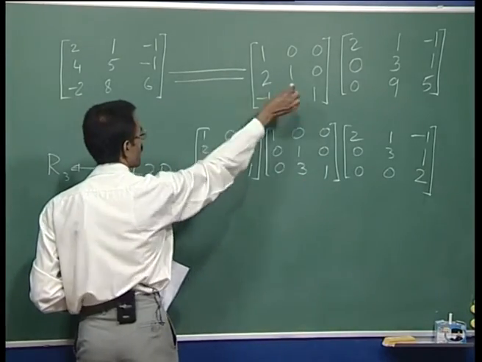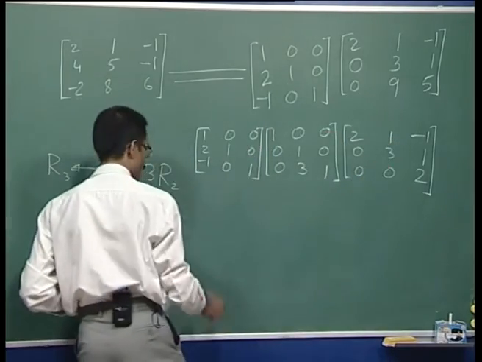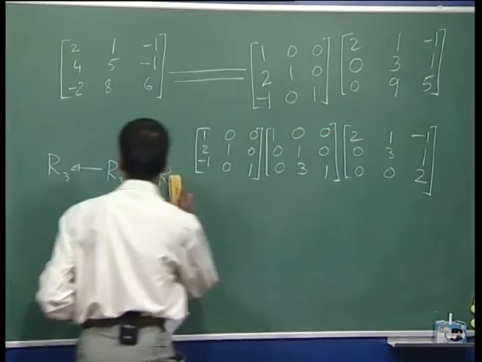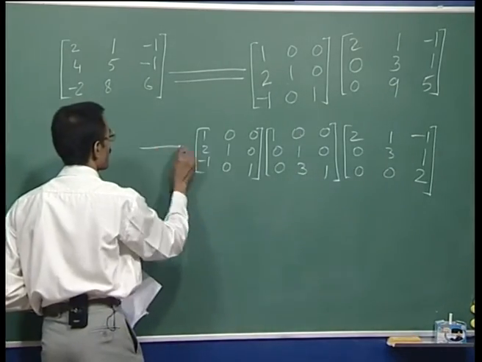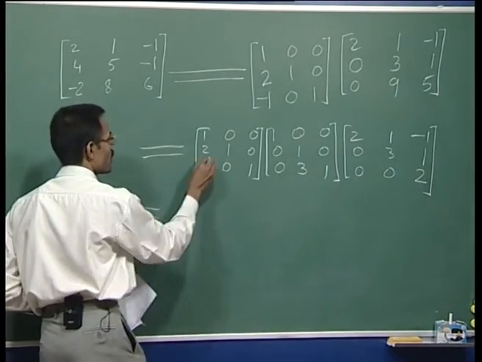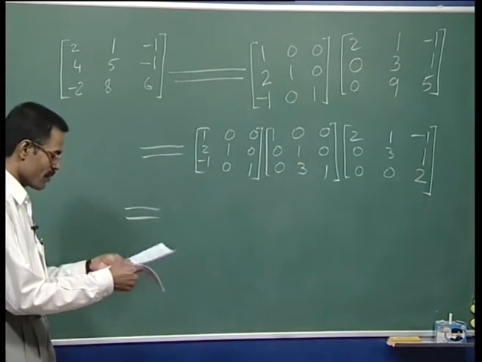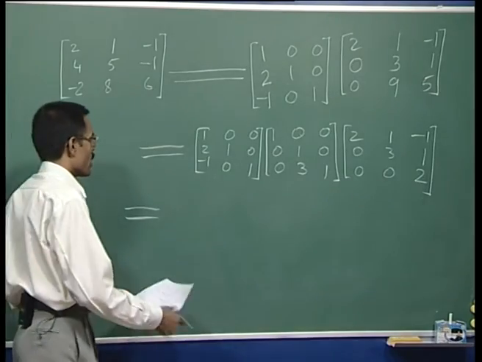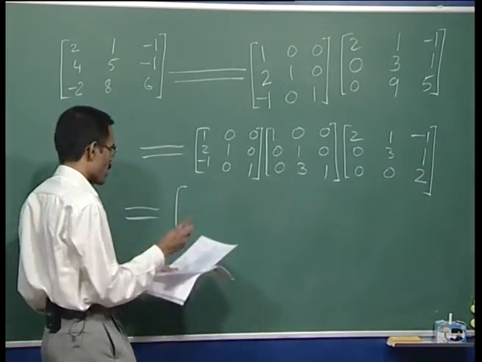So, this is again equal, because this is same as this and this is the same as the product of these. Now, we can forget about this, and this whole thing is equal. The product of these two lower triangular matrices will give us a lower triangular matrix, which through multiplication you should verify.